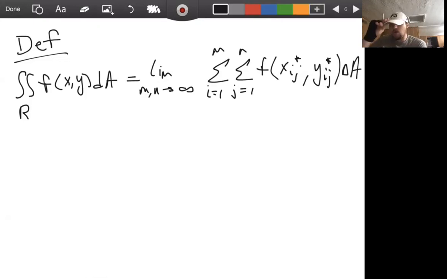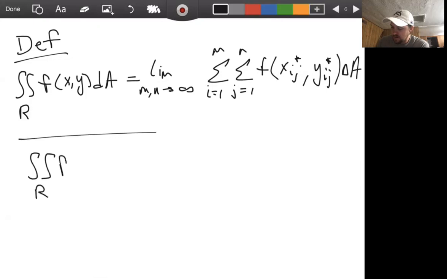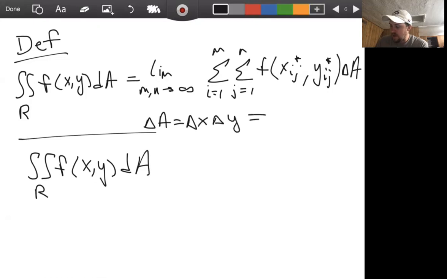Okay, and so recall then that the double integral over the region R of f of x, y dA, well, we know what dA was, right? We know that delta A was equal to delta x delta y. So that means when it becomes infinitesimal, we get dA equals dx dy.